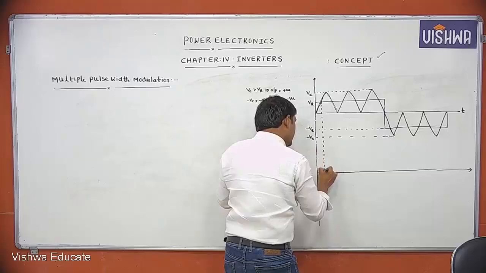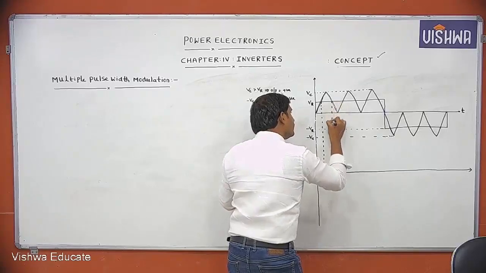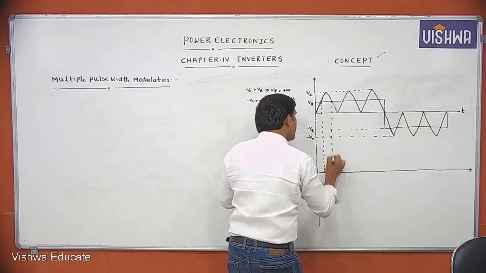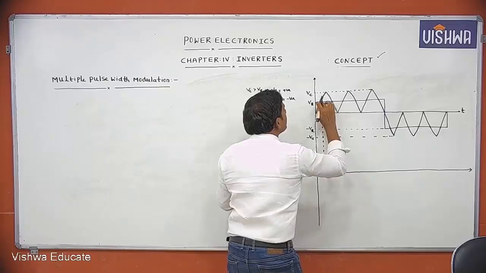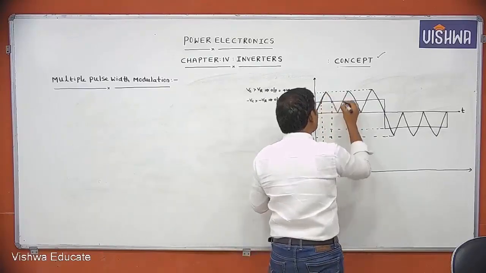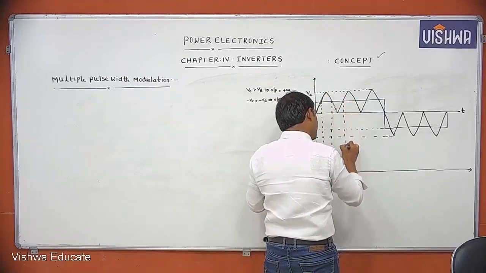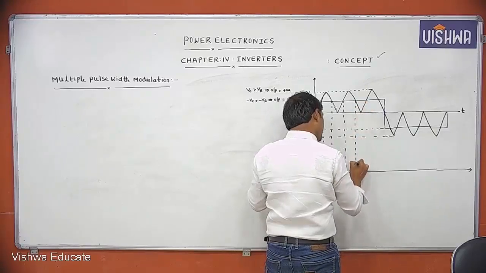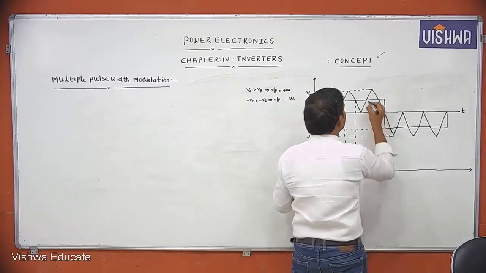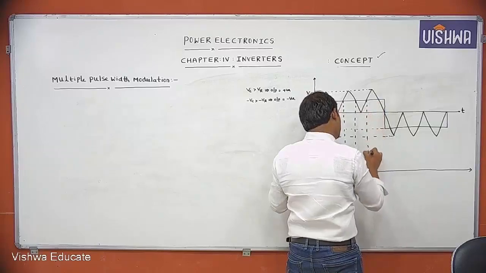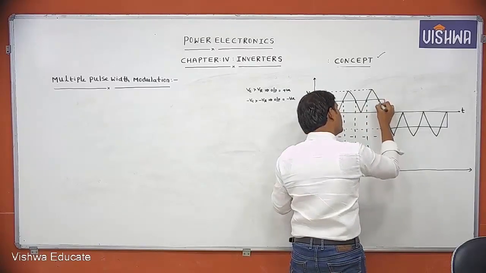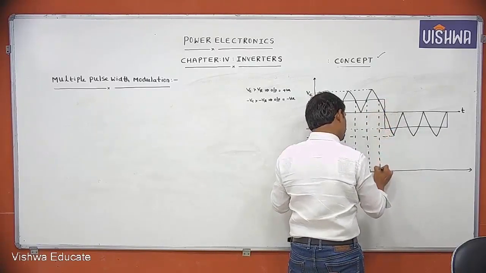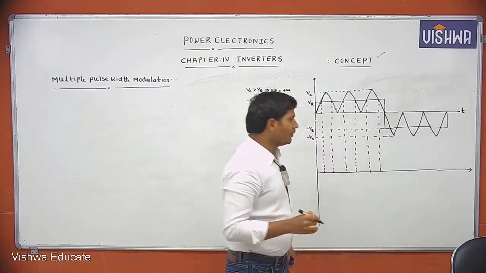Here one pulse is generated, Vc greater than Vr. Here also one pulse is generated, Vc greater than Vr. Here also one pulse is generated, Vc greater than Vr.